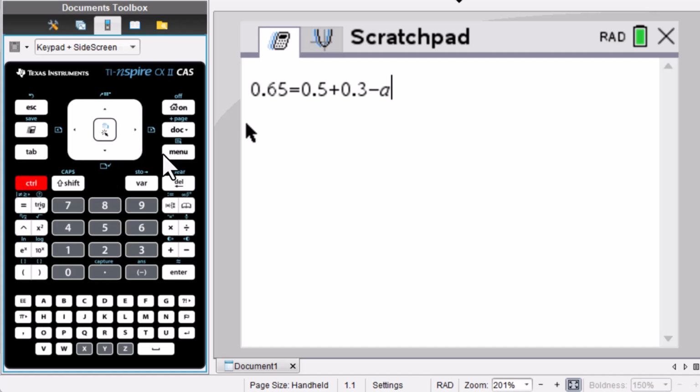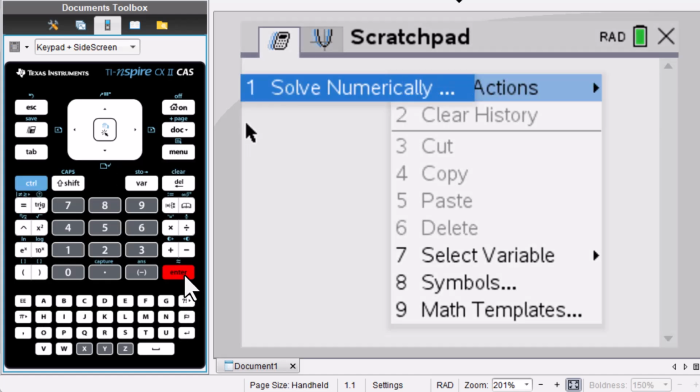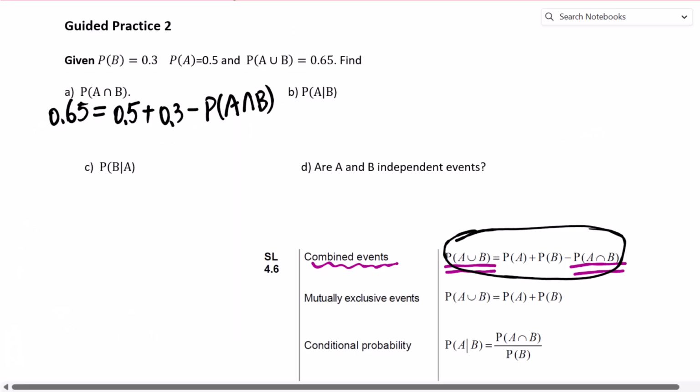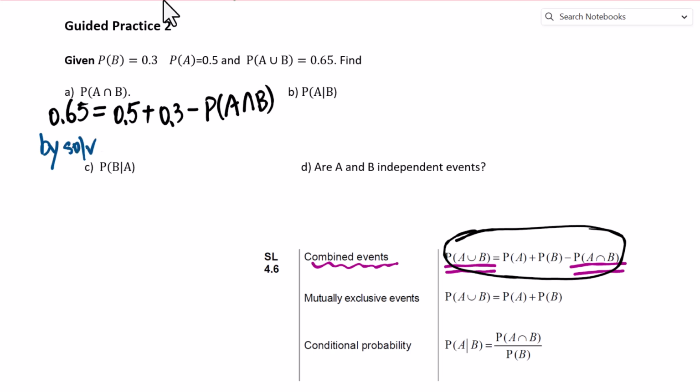Then control menu, enter, enter, enter. We got P of A intersection B equals 0.15. By solver, probability of A intersection B equals 0.15.